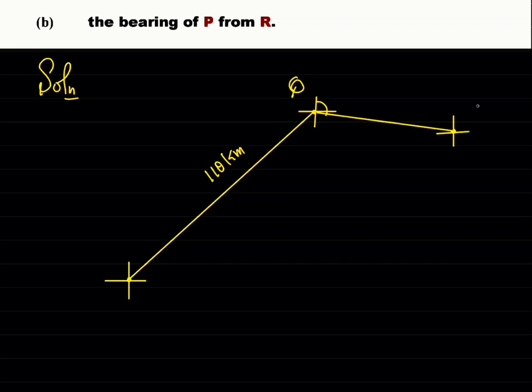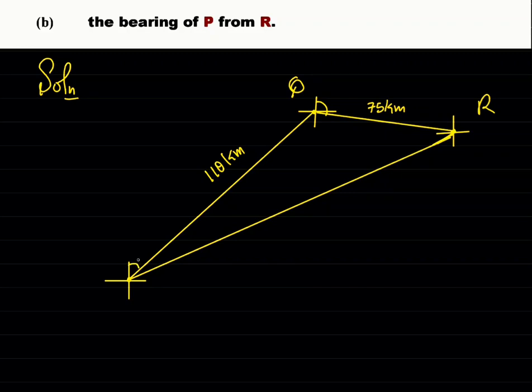At this point is my point R. Now, it is our responsibility to join this, so I'm going to join it. Okay, good. Now, this is 75 kilometers, and I have gotten everything that I want.